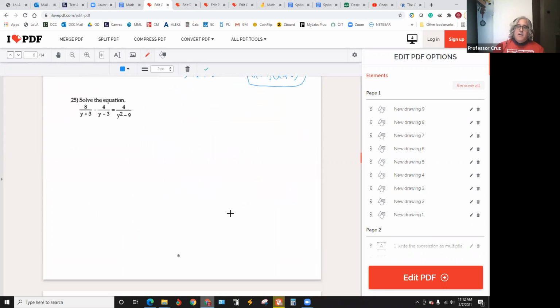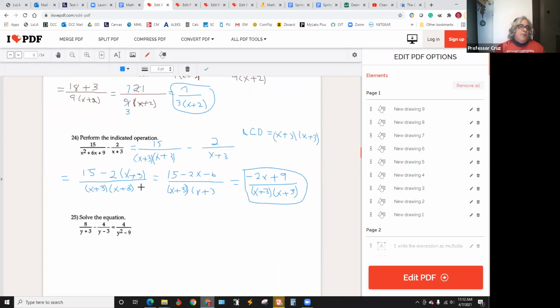All right, now here's where we got to make a decision about how to approach an equation that has rational expressions in it.